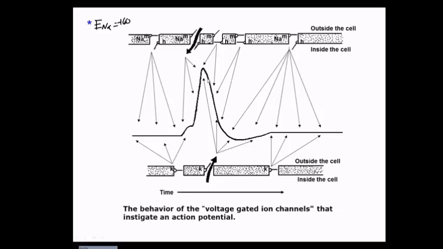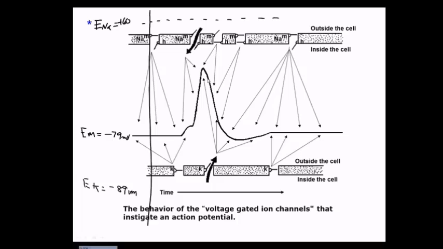That would be up here on the oscilloscope, right? Okay, and Em, of course, is a negative 79 millivolts. That would be right there. And EK equals a negative 89 millivolts, which is down here someplace.